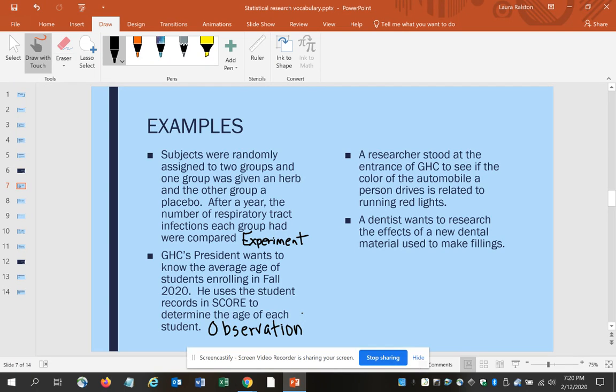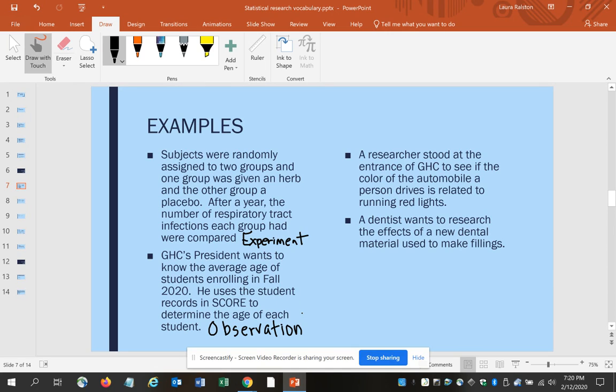The third one, a researcher stood at the entrance of GHC to see if the color of the automobile a person drives is related to running red lights. In other words, does the color determine whether or not they're going to run a red light? And so they were standing at the entrance of GHC.